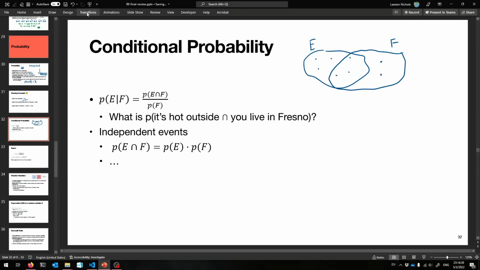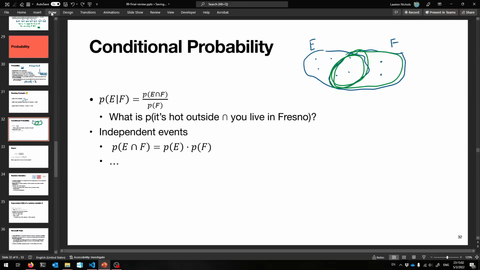The idea of the probability of E given F is we know that F has occurred, so we know we're in one of these cases, and the probability of E, once we know we're in F, is these ways to make it true for both of them. Take those cases, divide by the total number of cases for just F. So hopefully that graphic makes a bit of sense, and we can use that to calculate things.